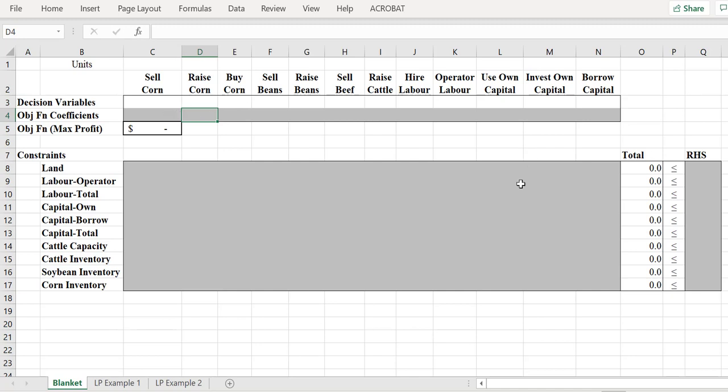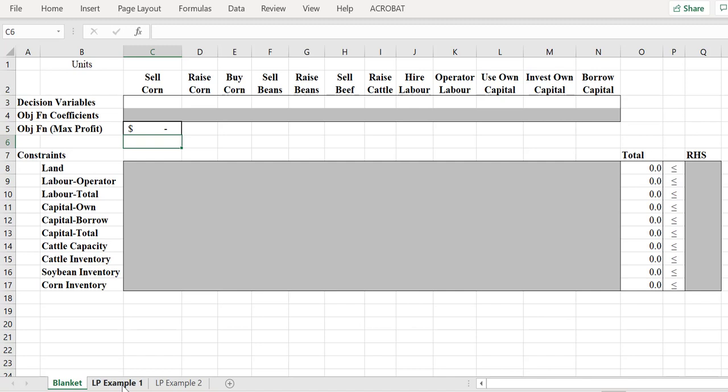Try to put the coefficients in this area and also in this area. All you need to do is put the coefficients in the right place. There are cells where you need to provide the formula. I have already done it, so if you don't change anything there, then you should be good.